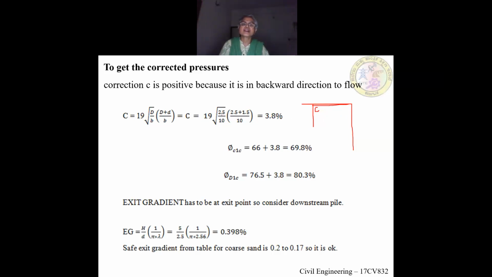So plus 19 times the depth of the influencing pile, which is 2.5, and 10. And the depth of the pile being influenced is 1.5, small d, divided by 10, that is 3.8%. Phi C1 corrected value is 66 plus 3.8 and phi D1 corrected value is 76.5 plus 3.8.